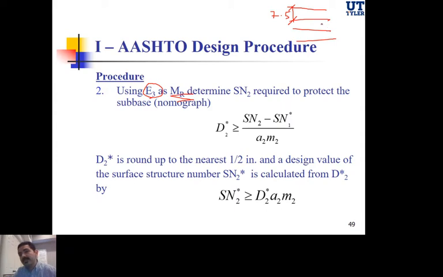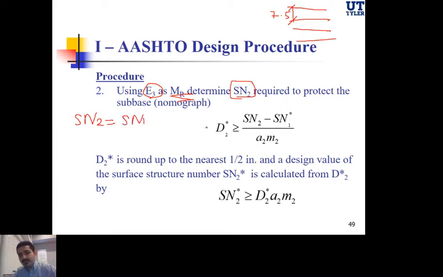Why? Because if I'm designing the second layer, I'm gonna use the layer underneath it as the support layer. So that's why I'm gonna get to the nomograph using E3 and to get SN2. Once I get SN2, these numbers are actually cumulative. So SN2 will be representing SN1 that you got from the first layer.